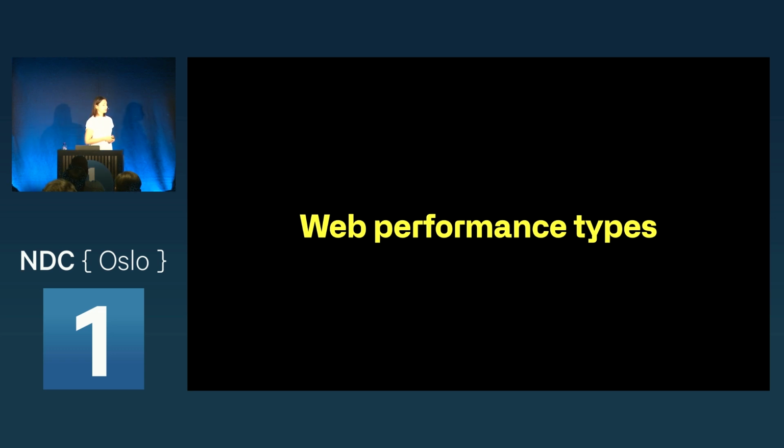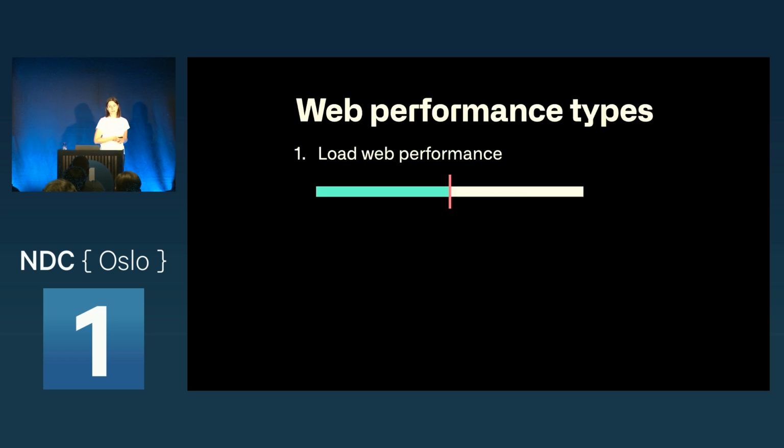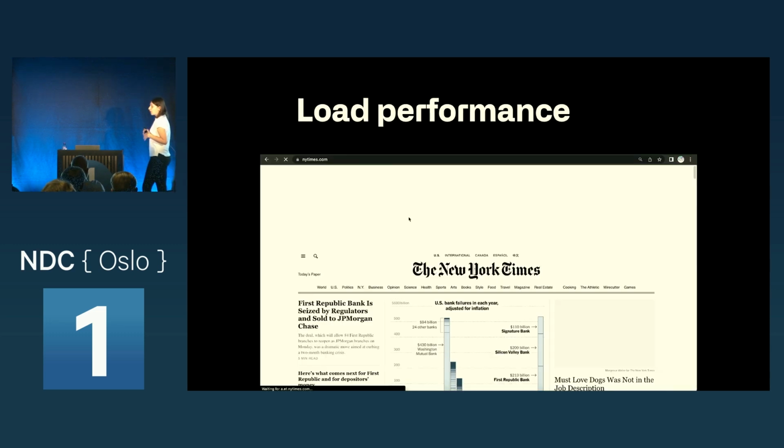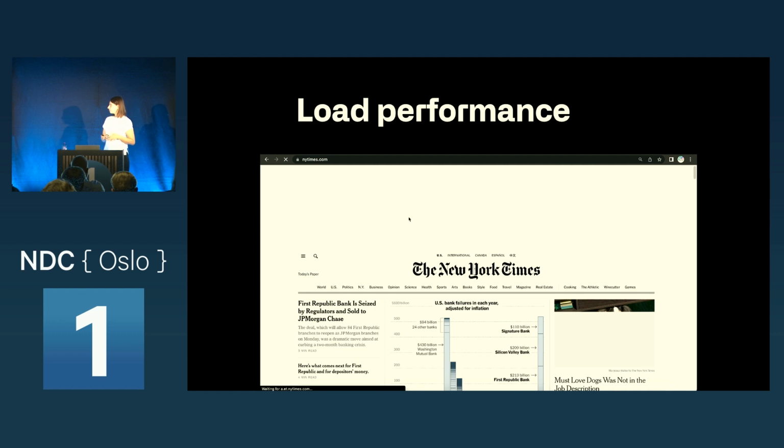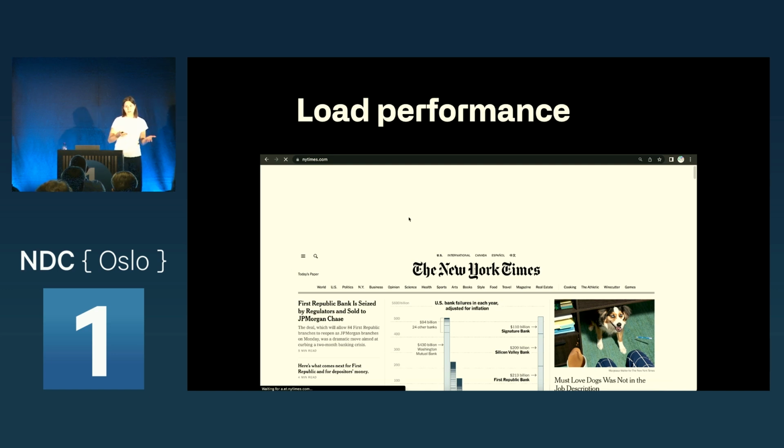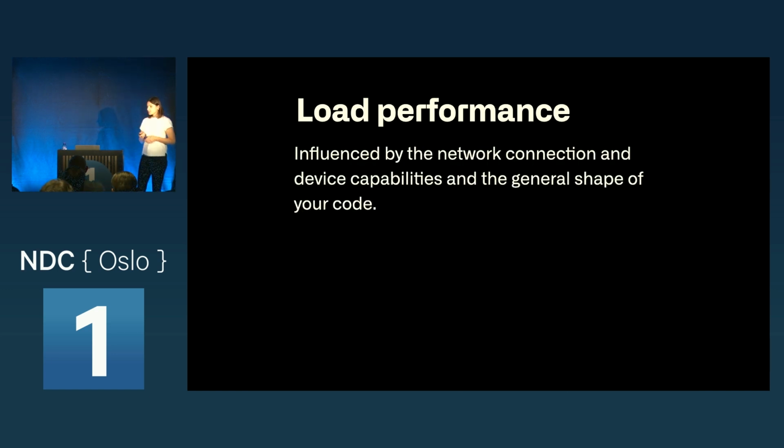Let's dive into web performance types. First, we have load web performance, and this is to what this Wikipedia's definition was referring to, because this is about how fast things are loading, and all the things are related to the time before the page is loaded, basically. And it's influenced by the network connection, the device capabilities, general shape of your code.